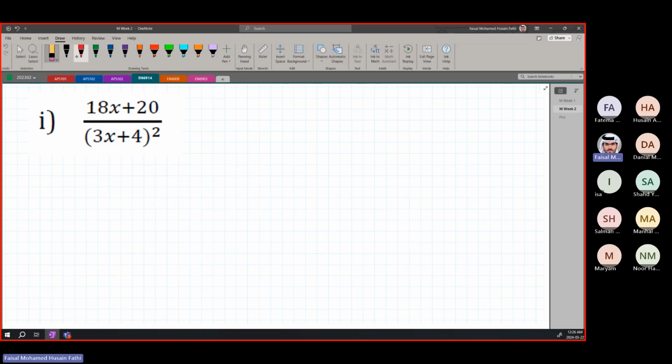All right. So we can simply say we could use partial fractions, a over 3x plus 4, plus b. In the case of repeated linear roots, we're going to have to write it again, 3x plus 4, but it's going to be squared.